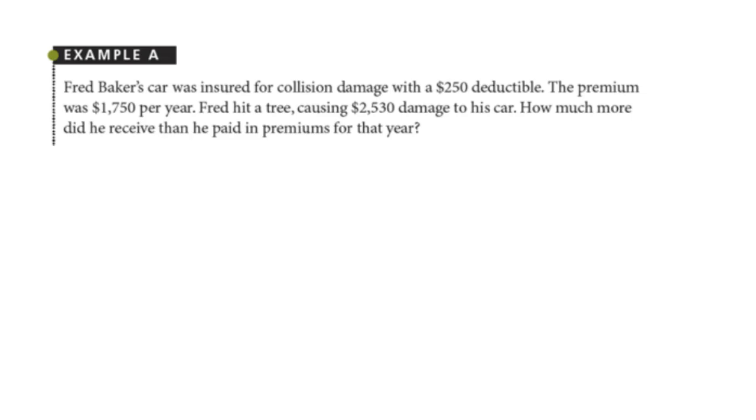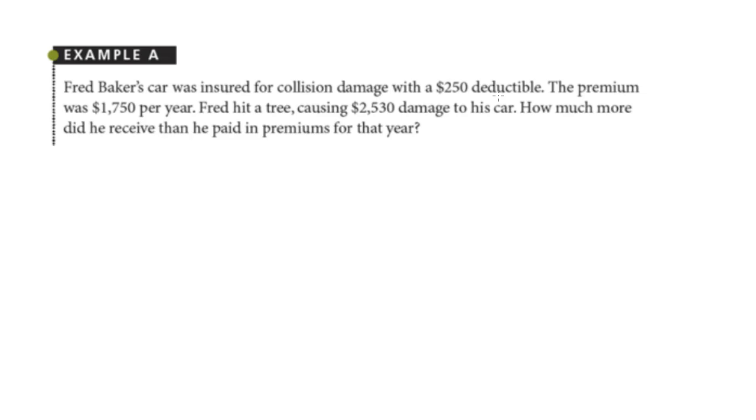If you look at your notes, the auto collision insurance, which is the collision damage insurance, protects the vehicle of the insured against collision damage. Okay, so we also have a $250 deductible, and we know that the deductible represents how much Fred has to pay before the insurance kicks in if there was a wreck.